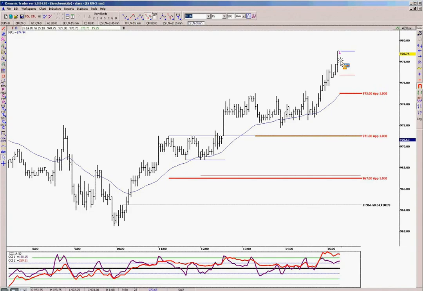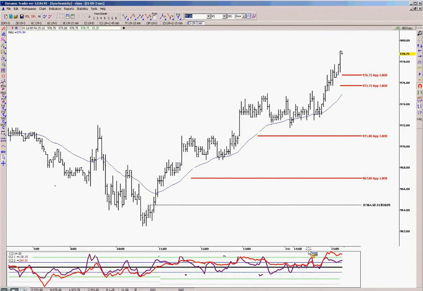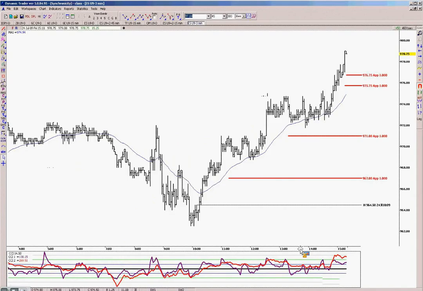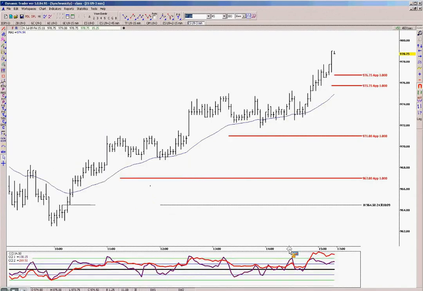So I might take some of these smaller swings and say, okay, well now I want the stop to be underneath these tighter projections from these smaller swings. So that's one way to trail a stop.